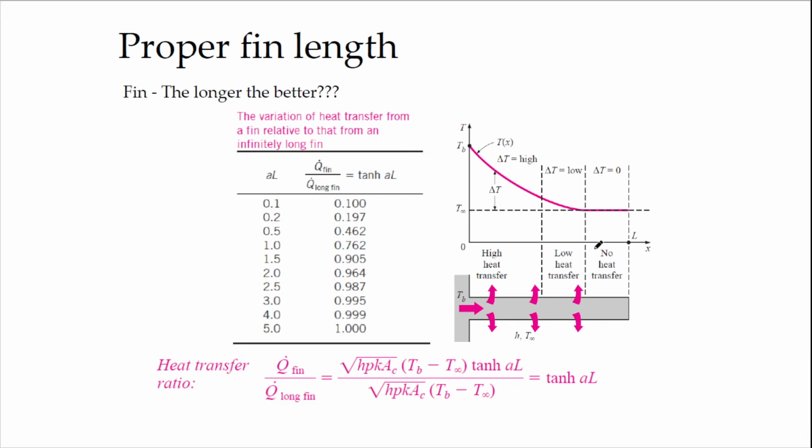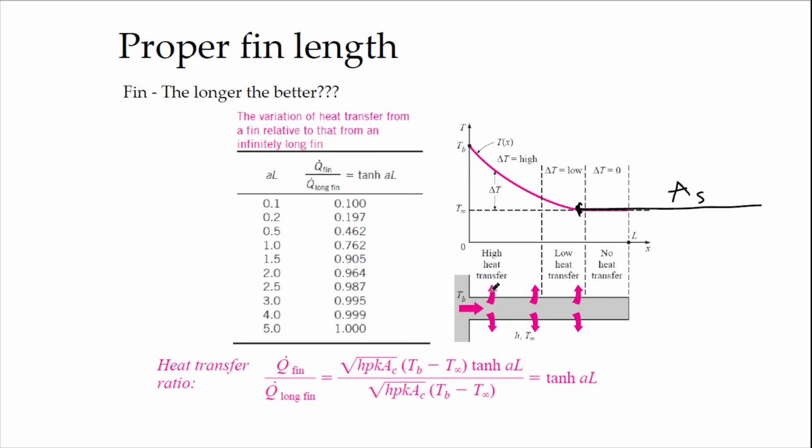This is what I mean by increasing the fin length not always increasing the heat transfer rate. If you make your fin very long with the aim of increasing the surface area, you can see here that the temperature gradient starts to deviate at this point. From this point and above, the temperature will be similar to your ambient temperature. So why would you need to install it so long? Up to here is perfectly fine. This is where high heat transfer rate occurs.